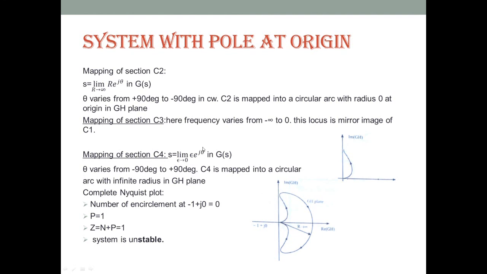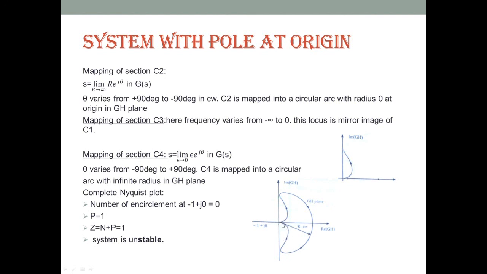If you put the values of s in G(s), you will get infinity into e to the power minus j theta. That's why it has been mapped into a circular arc with infinite radius, and this is the complete Nyquist plot, where this one is the mapping for section 1.